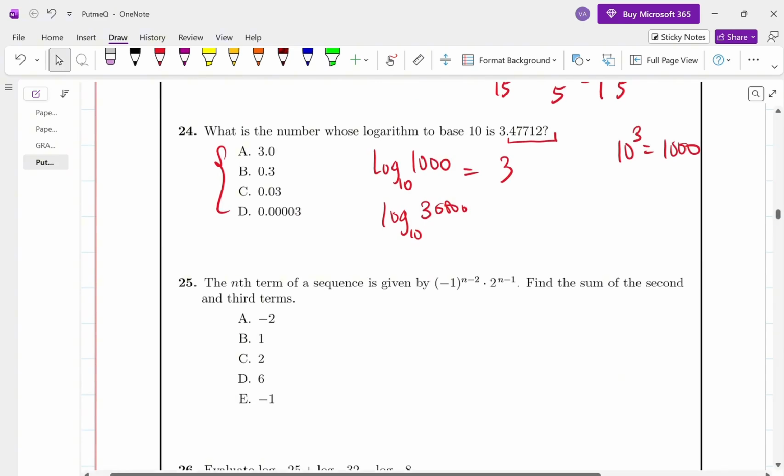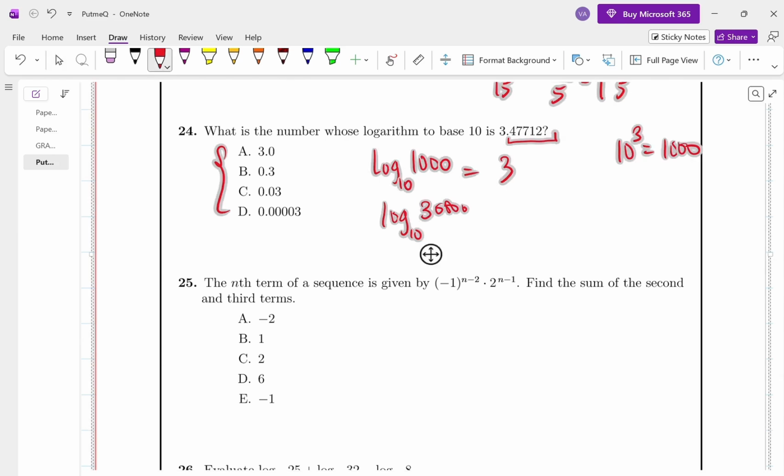Question 25. The nth term of a sequence is given by -1 bracket n minus 2, then times, the dot here means times, 2 to the power of n minus 1. Find the sum of the second and the third term. So the first thing you might want to do is to find the second term.